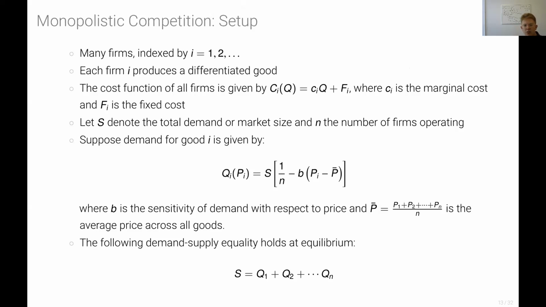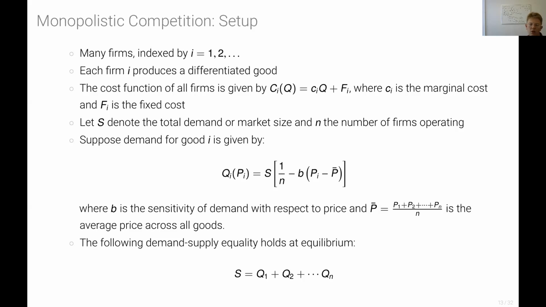What we're going to assume is that the market size S is the total demand, and that market demand must be equal to market supply.